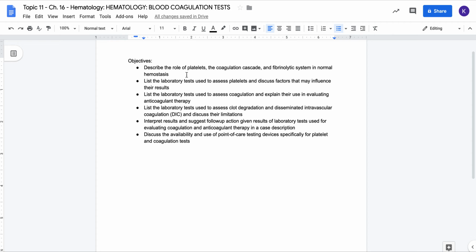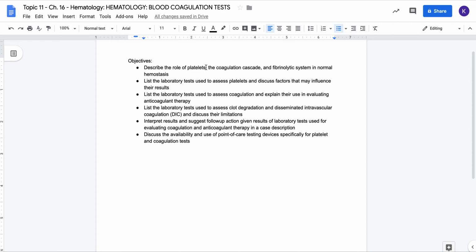Okay, first objective. Describe the role of platelets, the coagulation cascade, and fibrinolytic system in normal homeostasis. Right off the bat, this has a lot to do with blood and blood clots. Laboratory tests to assess platelets. That's important, we look at tests.